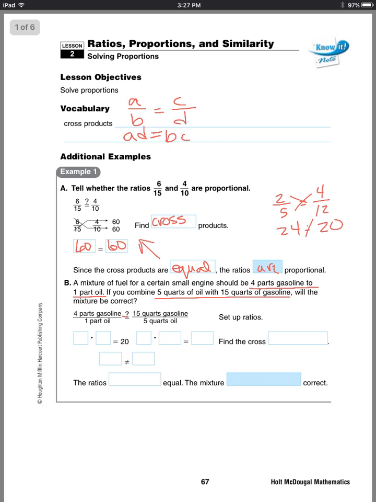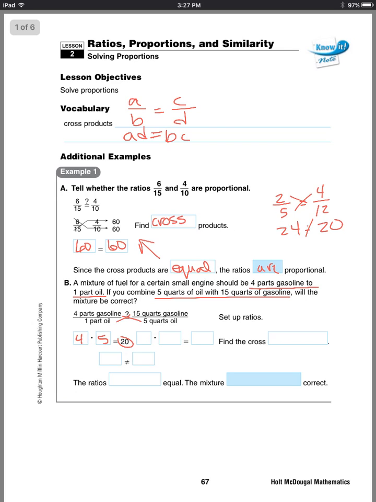Now we're going to cross multiply. Okay, we already have 20 right there, so we know the other side has to be 1 times 15. Oh, I'm sorry. They're taking the extra step on this one, which they don't normally do. So 4 times 5 is 20, so I have to fill that in with 4 times 5, and I know that because it says equal 20.